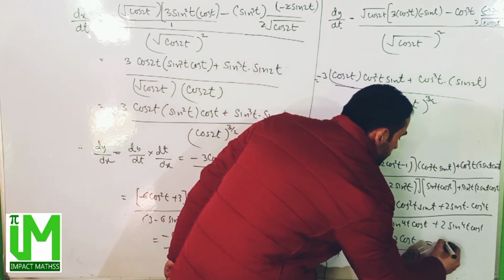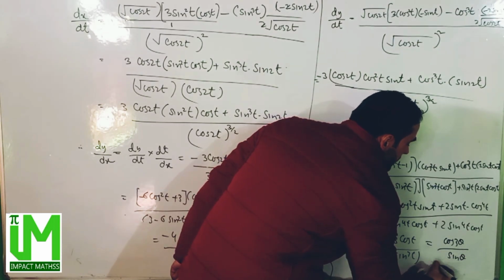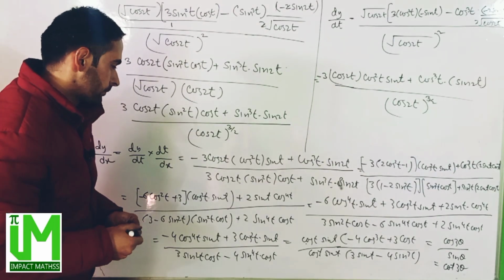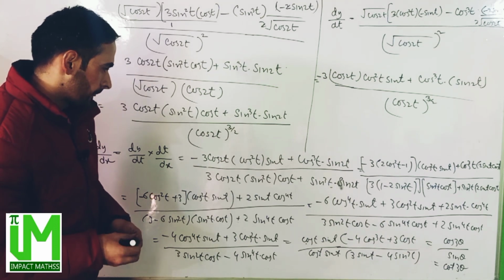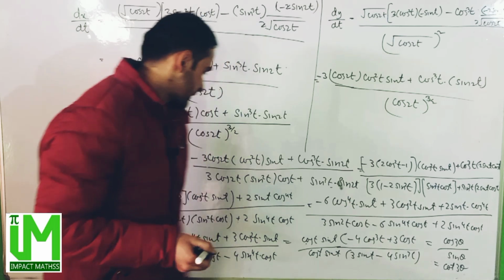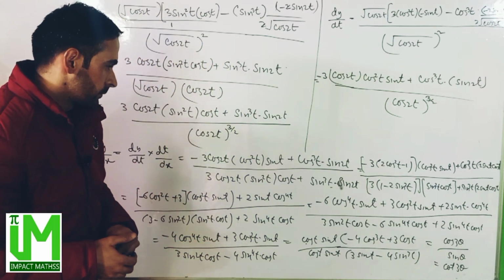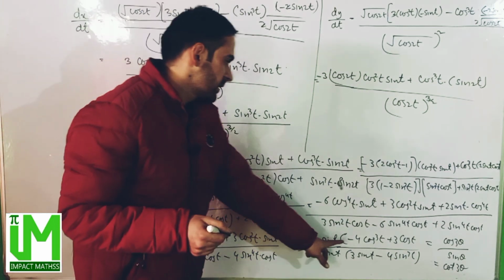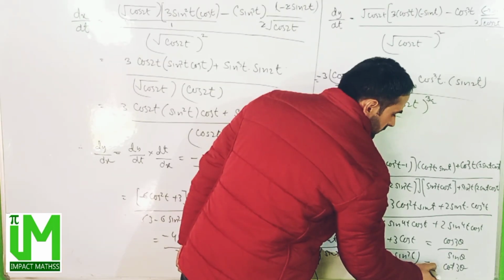So this will be cos 3 theta divided by sin 3 theta, which is cot of 3 theta.